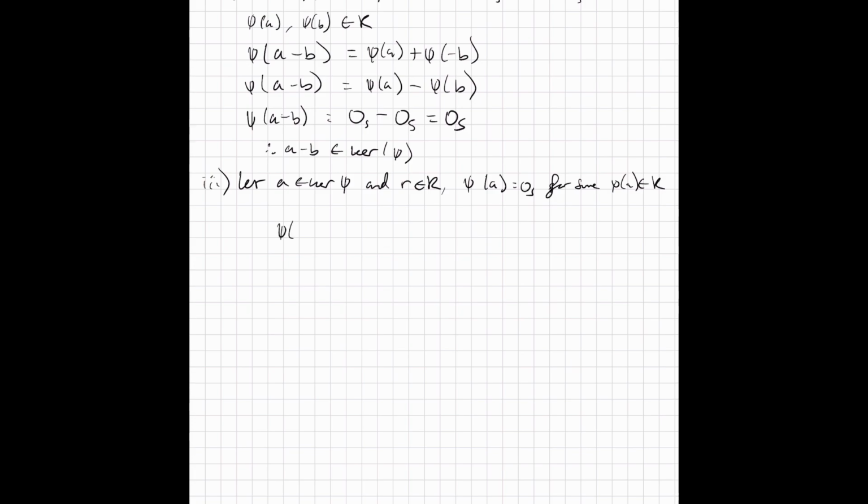So I'm going to start this with psi of A r equals psi A times psi r from the definition, which is equivalent to 0S times psi r for multiplication. And then anything times 0S is just going to be 0S.